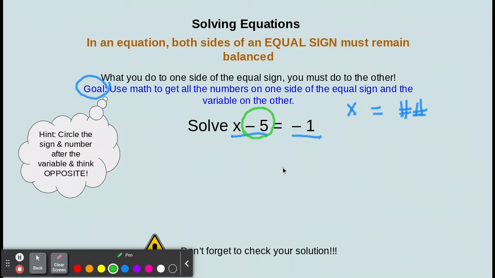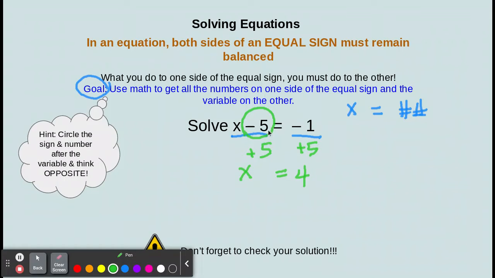And then I know I have to do the opposite, because if I add 5, -5 plus 5 is 0. So on this side of the equal sign, I'm only going to be left with an x. But remember, what we do to the left side, we have to do to the right side. So we have to add that 5 over there too. And -1 plus 5 is a 4.